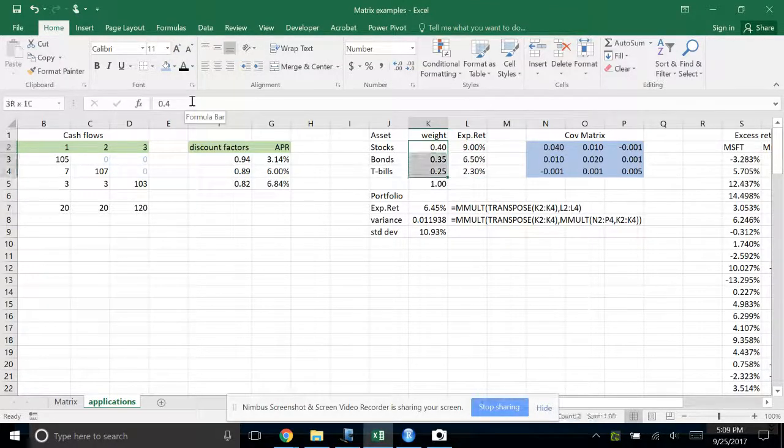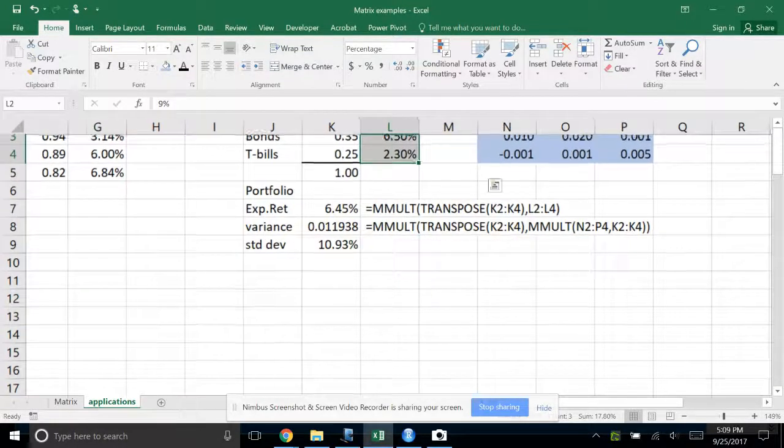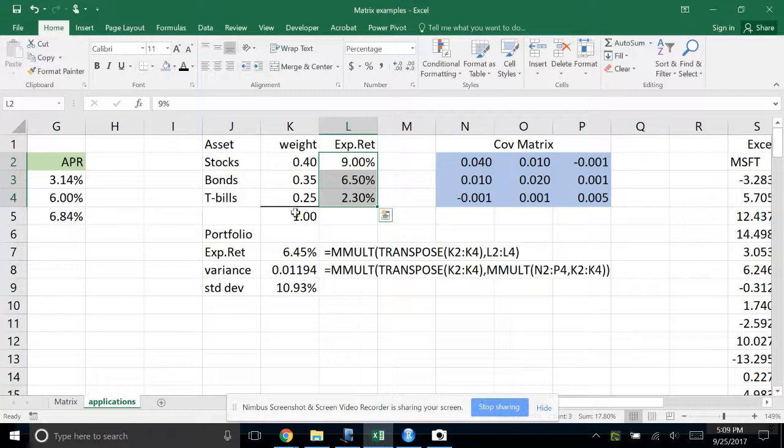All right, the second application we're doing in 501 already is portfolio statistics. So we have portfolio weights that sum up to 1, and we have expected returns of stocks, bonds, and treasury bills. So if we want the expected return, it's going to be the transpose of the weights times R bar. So what do we have?